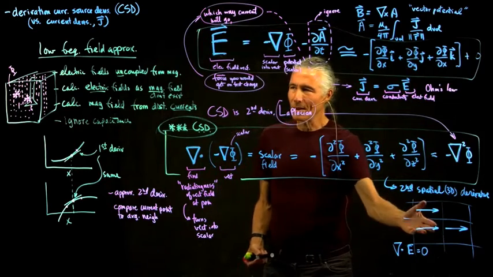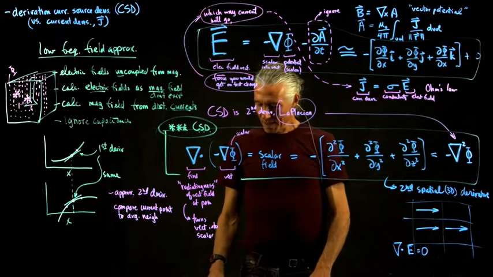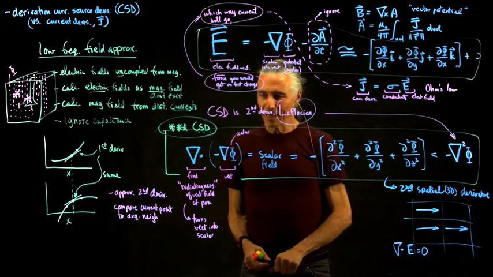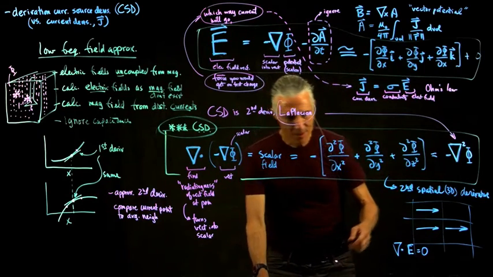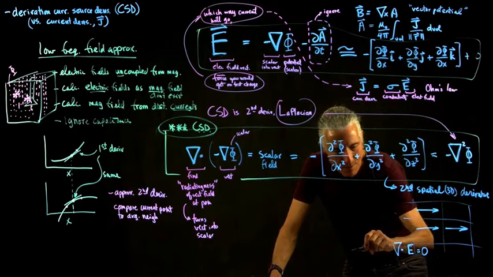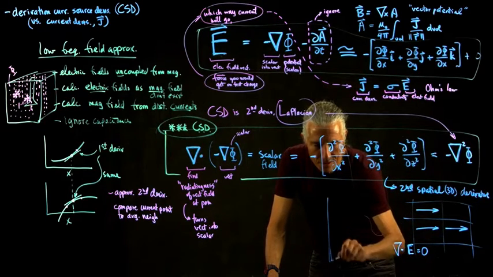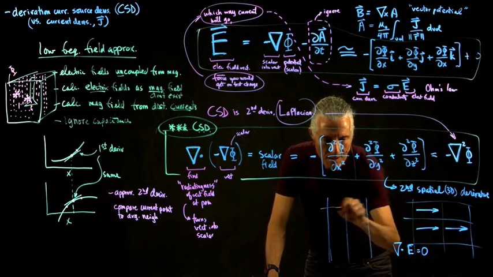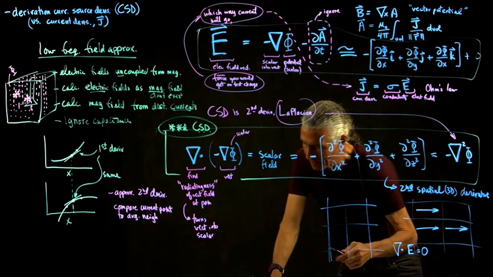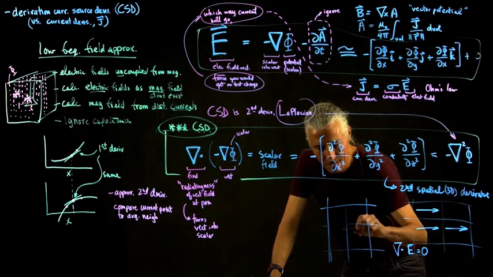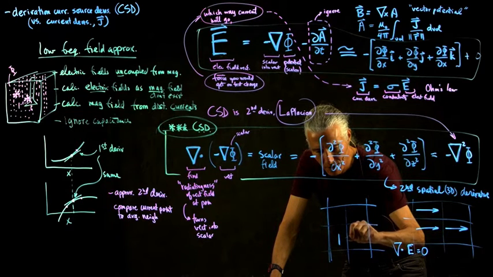So that's a simple one, but there are other, more complicated ones that could also have a divergence of 0. One example is, say we've got our grid, and say we've got something like a circulating field.